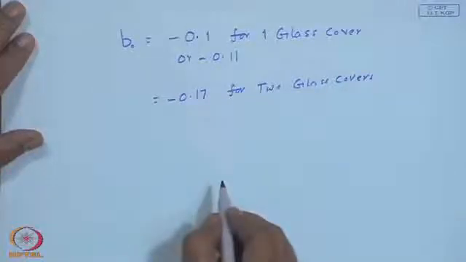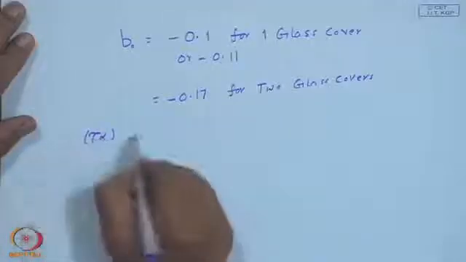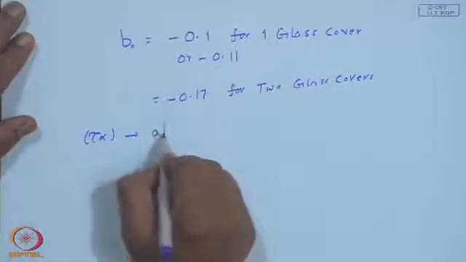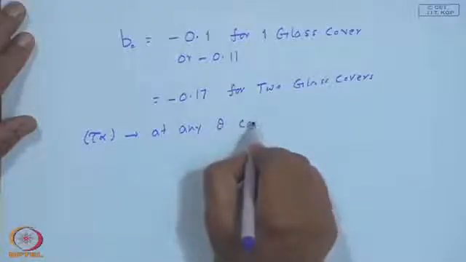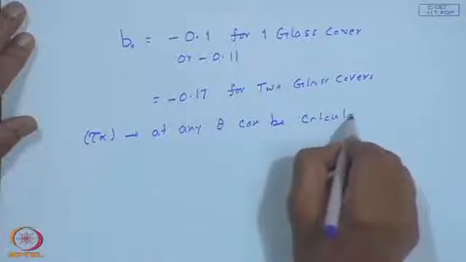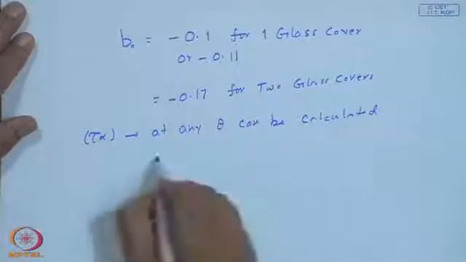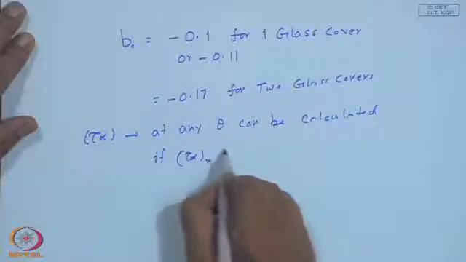So, what we have now is that tau alpha at any theta can be calculated if tau alpha n is known.